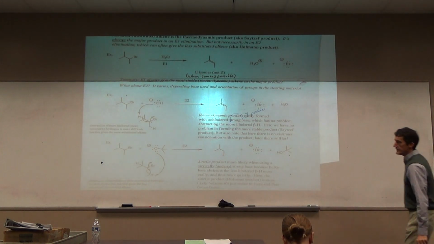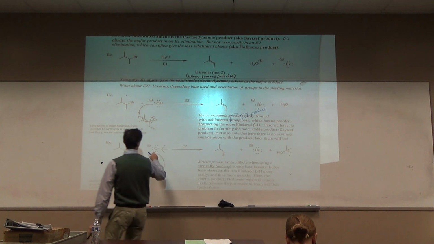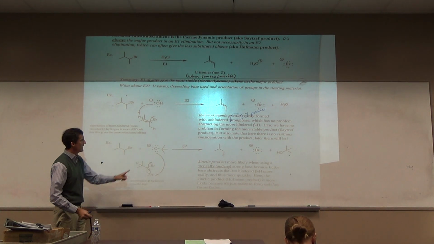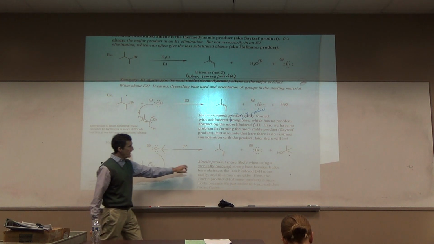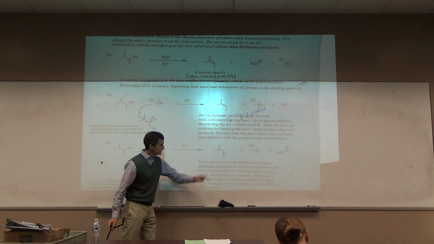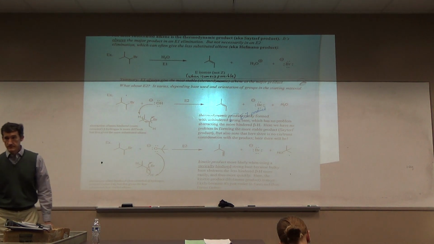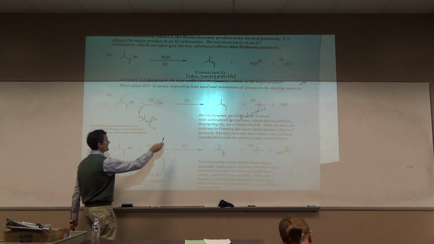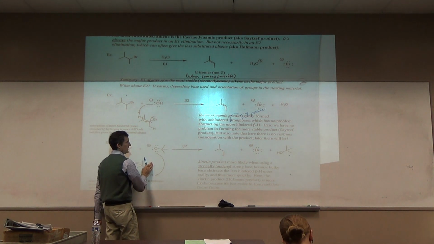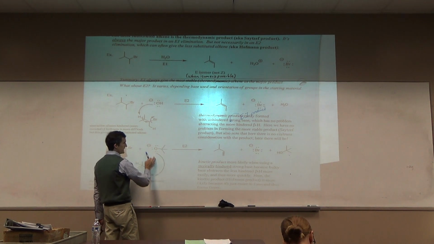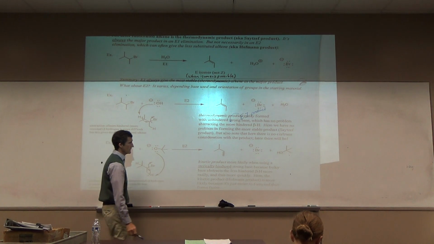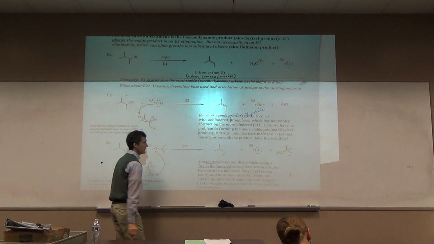On the other hand, if you use a sterically hindered, bulky base, the major product is going to be the Hoffman product. That is, they're both going to be E2 because they're both strong bases. But a sterically hindered base leads to the Hoffman product, which is called the kinetic product.